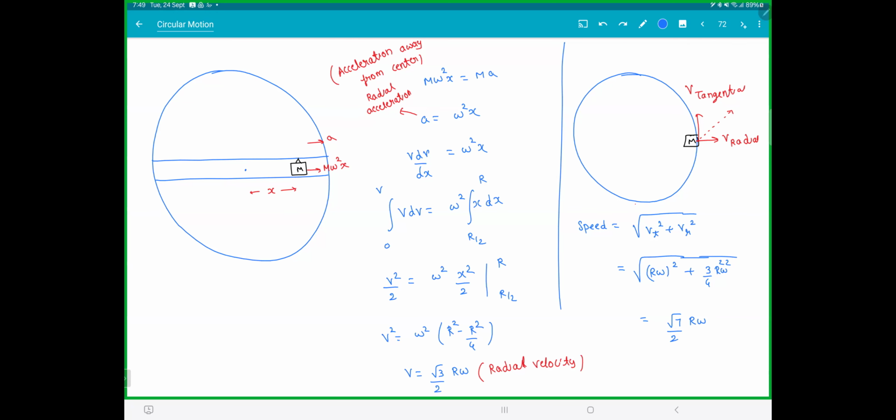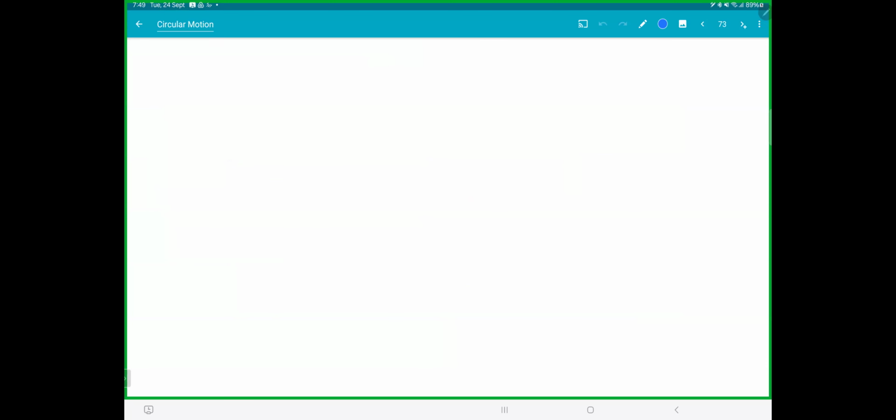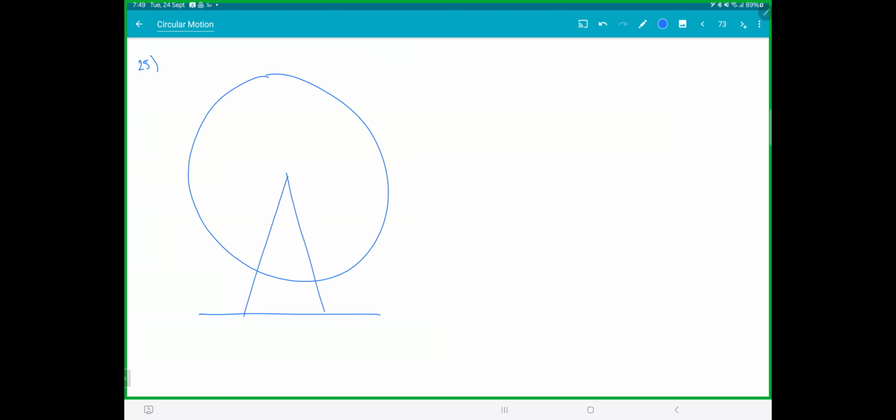Now let's see some theoretical based questions. Ever been on a giant wheel? Right. So let's say we have a giant wheel here, rotating with omega.